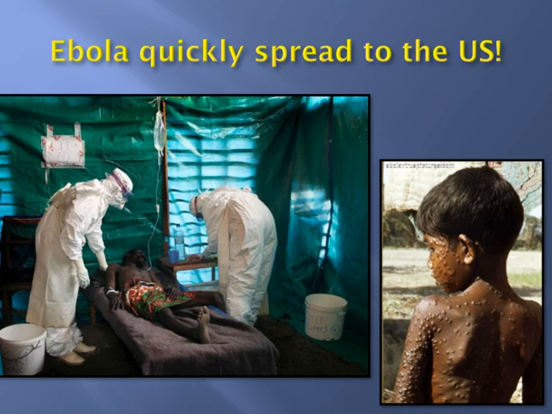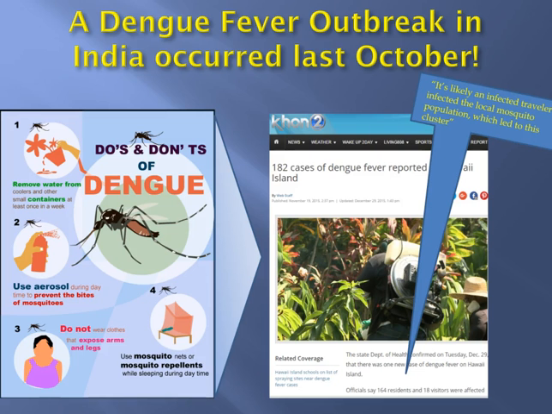So for instance, looking at Ebola, it developed in Africa and it quickly spread to the United States. Within a plane ride, we had it here. Very, very quick. There was a dengue fever outbreak in India that occurred last October, and how quickly a mosquito can transfer these things from one place to another.